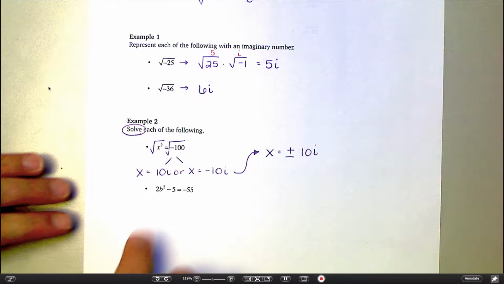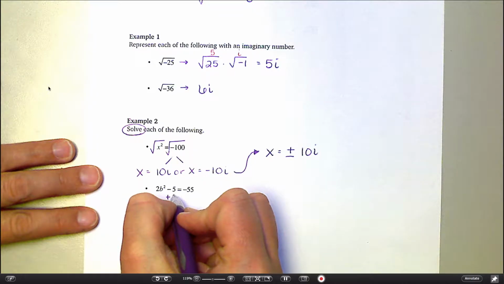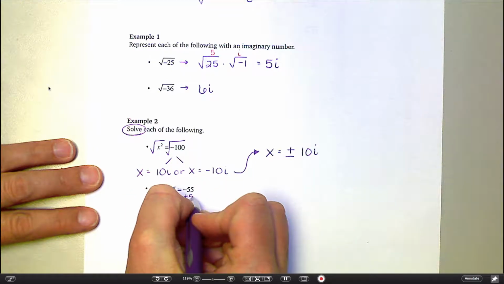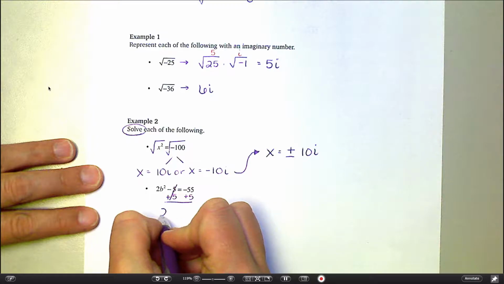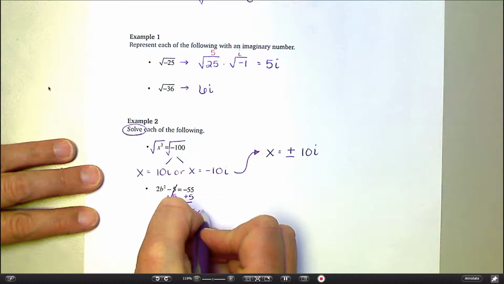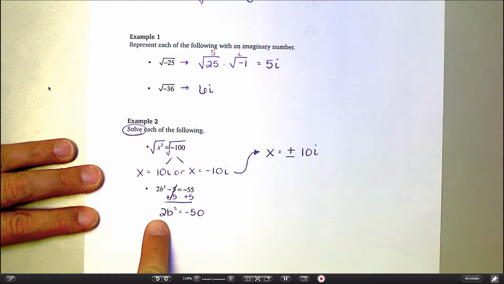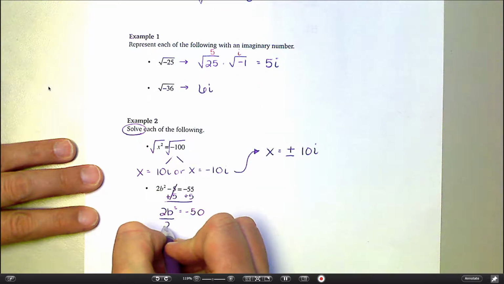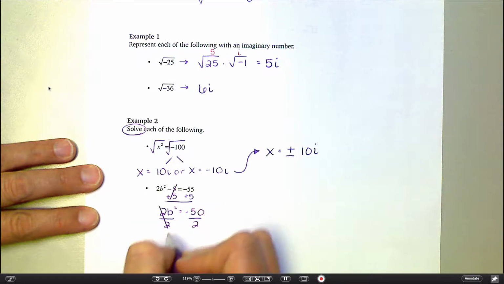So with this next example, I would probably add 5 to both sides. 2b squared equals negative 50. Now, before I take a square root, I want to get rid of that 2, so let's divide by 2. I get b squared equals negative 25.